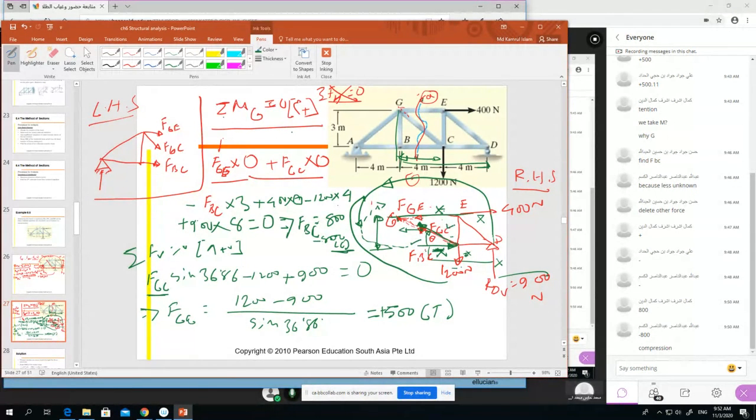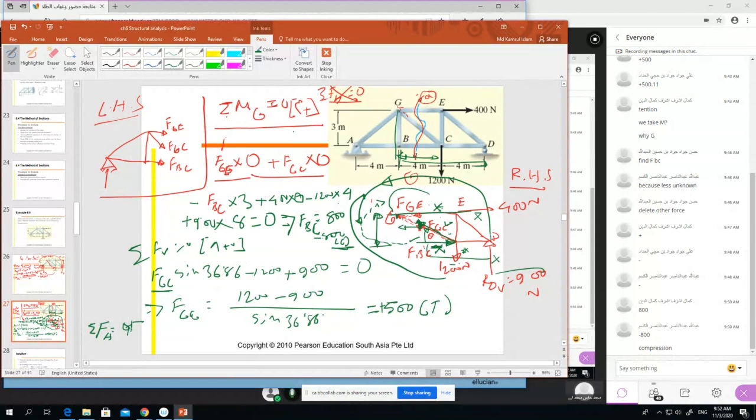We got the FGC now. Now only G is remaining, right? Only G is remaining. Now we can use summation of F horizontal. If you use summation of horizontal and positive force, then we have only one unknown, and it is almost easy.